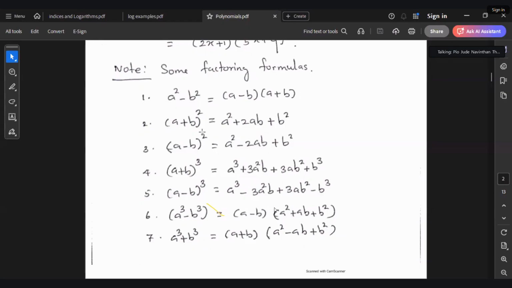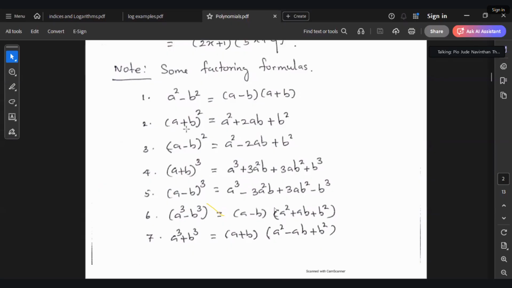So here we have 2 now. If you have a square, then you will have 3 elements. If you have the cube, that means the degree is 3, then you will have 4 elements. So there is a mechanism.